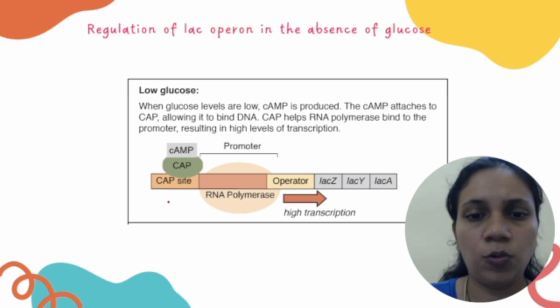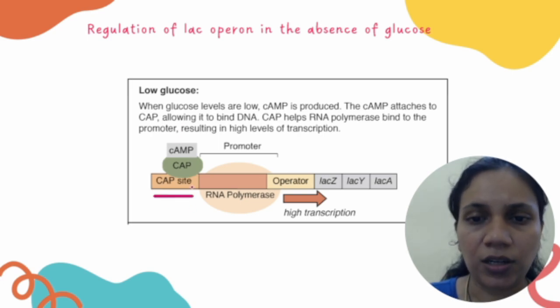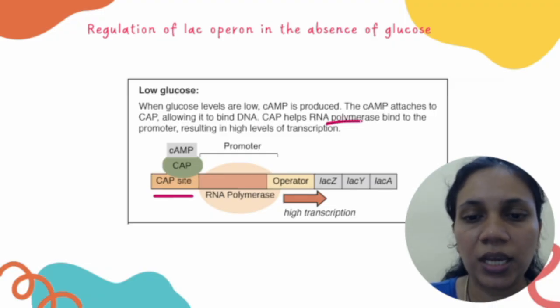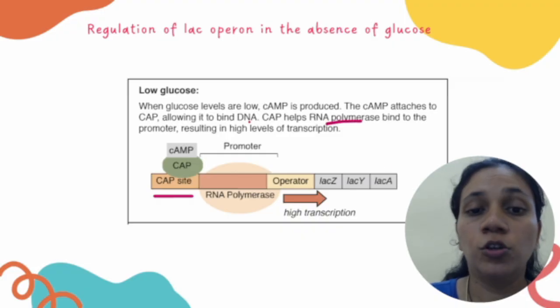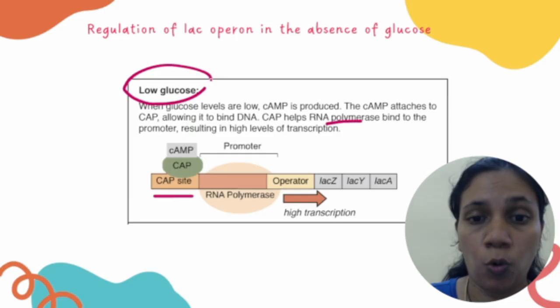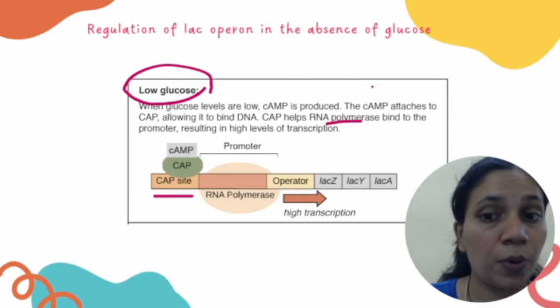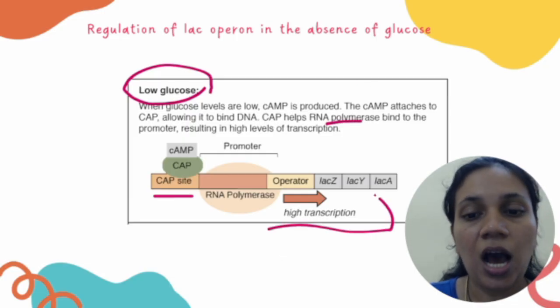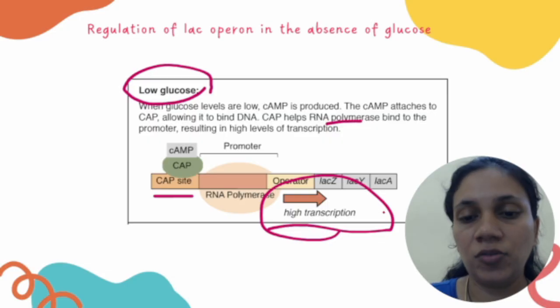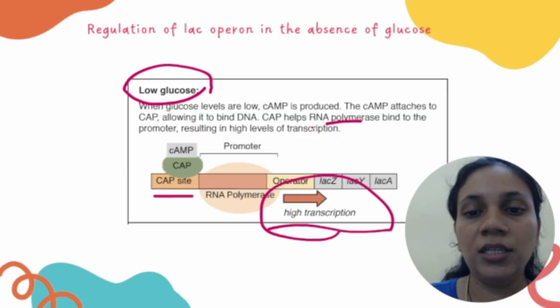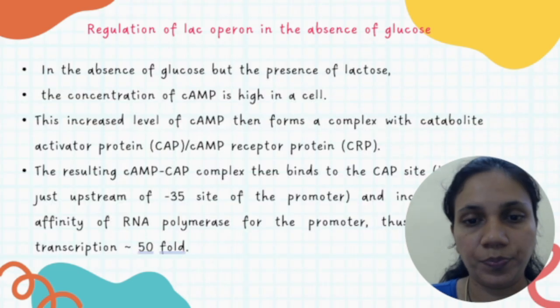This CAP site helps the RNA polymerase to come and bind onto the promoter and carry out the transcription. So when glucose is low and lactose is present, there is a higher level of transcription, and there is more of the lactose operon functioning.